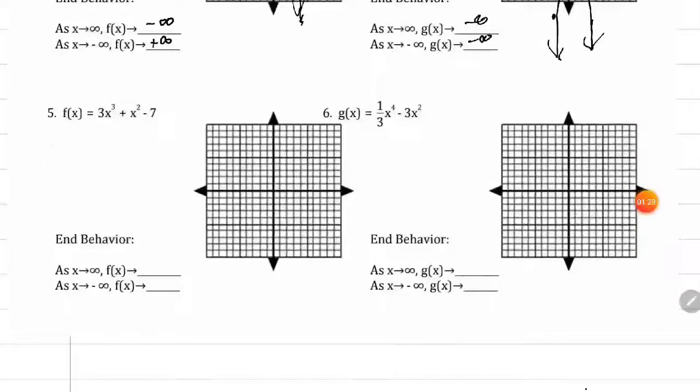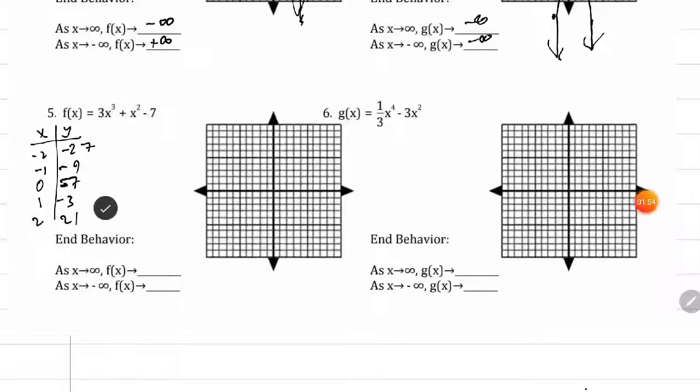5. x and y, you got -2, -27. And this is just after calculations. 0, -7. And then 1, -3. And 2, 21.